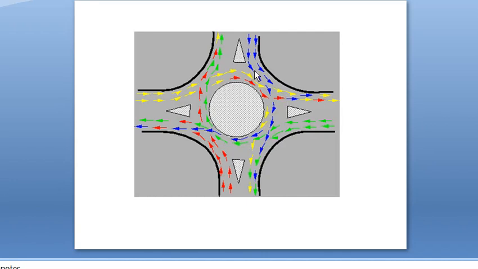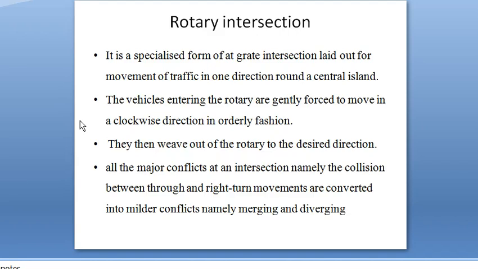So we can eliminate the necessity of stopping for crossing streams of vehicles. There is no need for the vehicle to stop while crossing another stream of vehicles. So here the area of conflict will be reduced. There will be only diverging and converging movements, so conflict will be reduced.